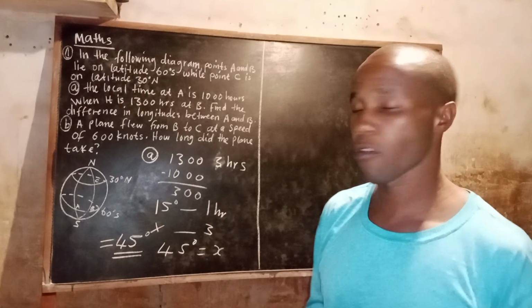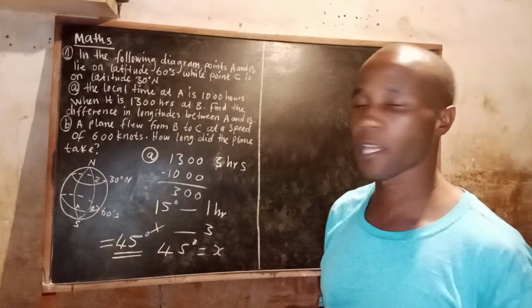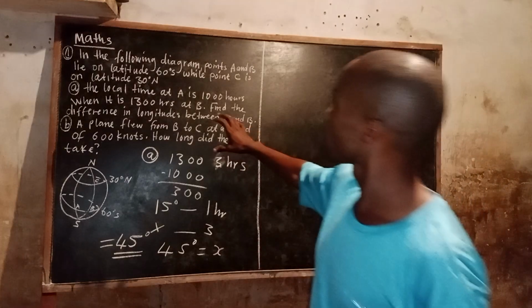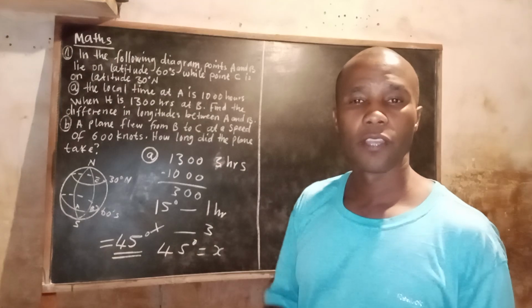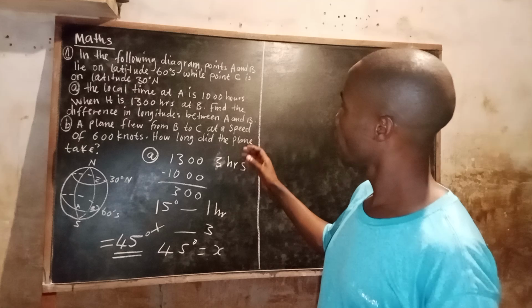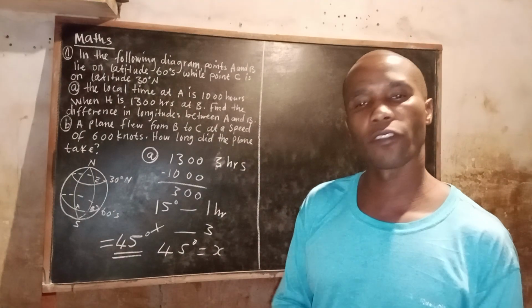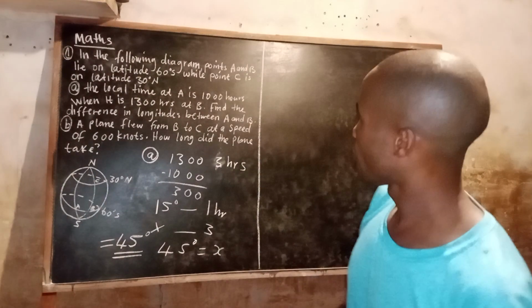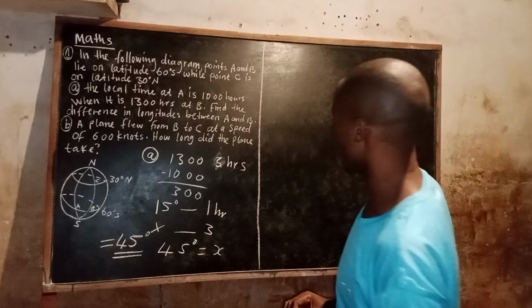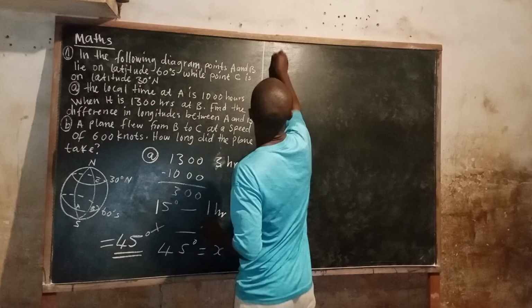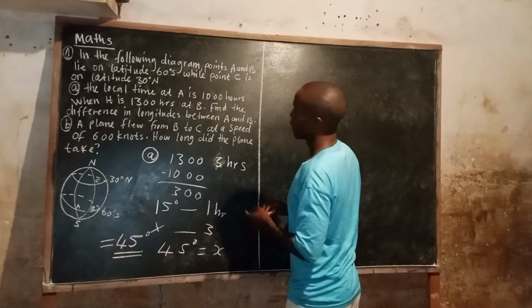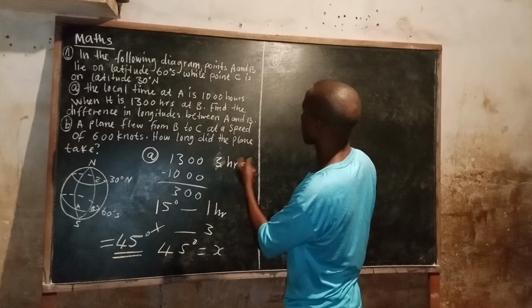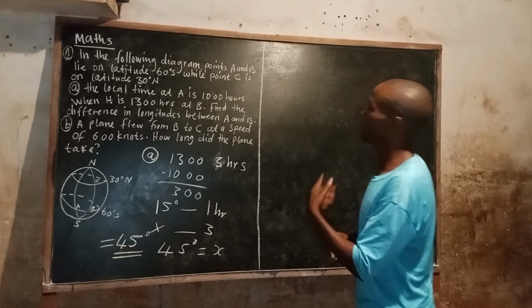Remember, those who are following me in the previous lessons, I did mention that when you are in nautical miles you just go direct by that formula, because it is straightforward. Here we are going to say this is B. They are saying how long did the plane take?